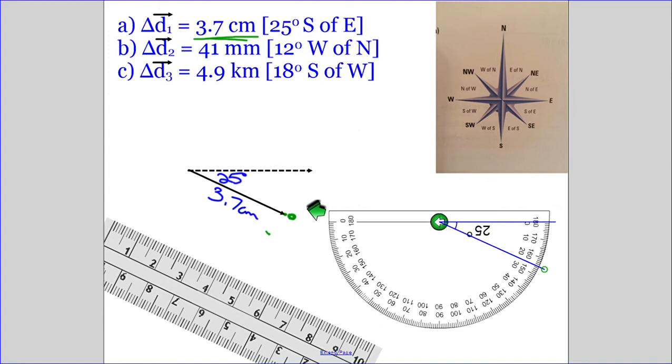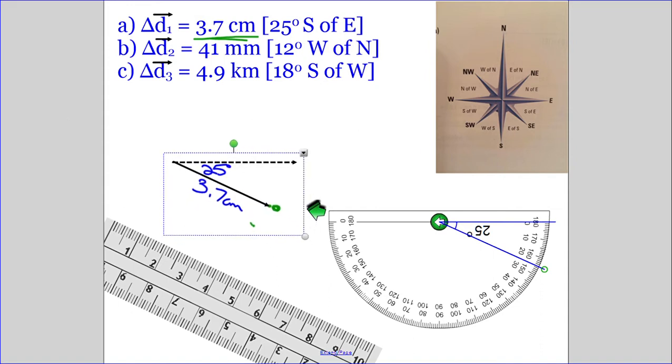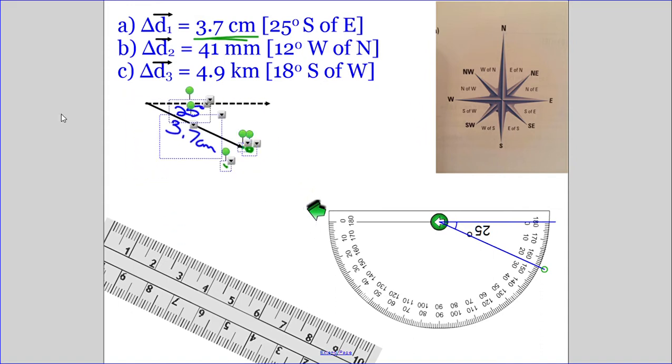So I could take that as a whole and use that as my final value for everything filled in for that section. So there's our answer for A. Okay, 25 degrees, 3.7 centimeters, using our compass direction and our ruler. And then I would just go through for the other ones and use a similar style.